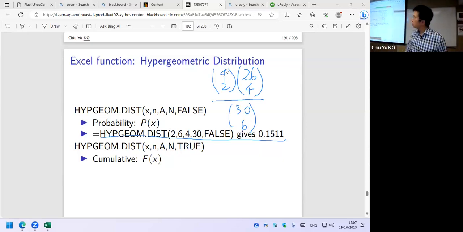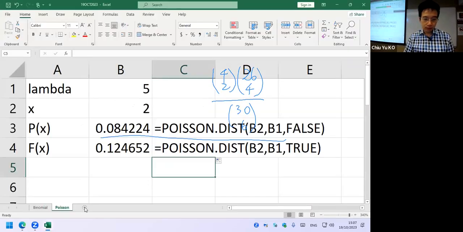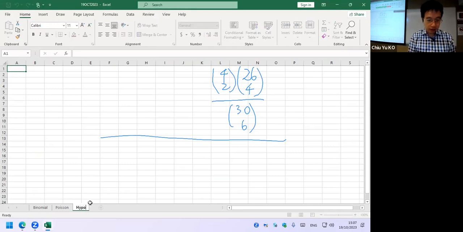You still remember what we're doing, right? So let us do that in Excel. So we got the hypergeometric.